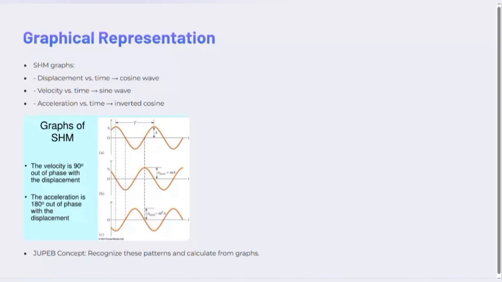Now, period is represented with letter T, and it is always from the starting point of that graph till when it returns to that exact starting point again. But it is different for this velocity graph. When it has completed one cycle, this is going down, coming up, you've gotten a T. From this top, down, up: maximum, minimum, maximum.